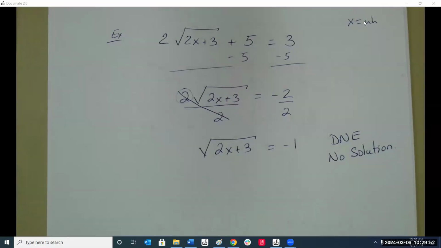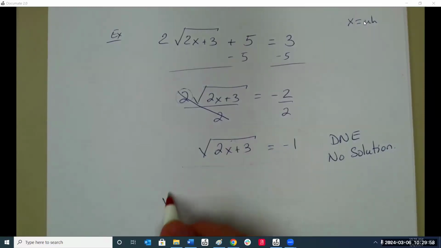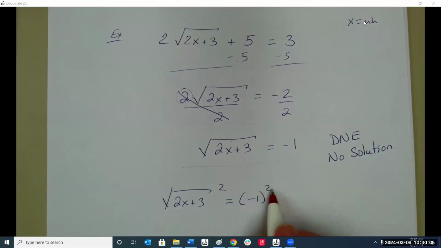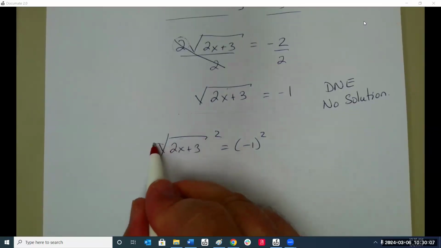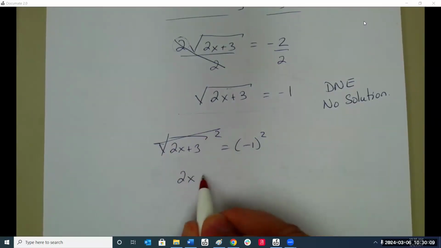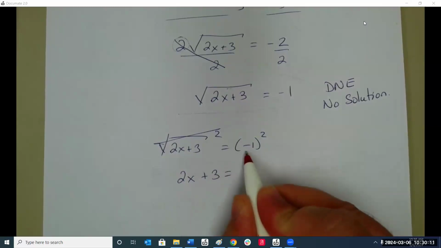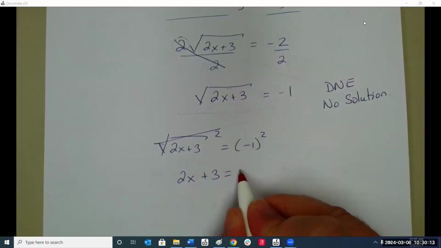I'll show you why in a second. So let's say you did square it to get rid of the radical, because this is as far as you can go. But let's say you did square it. So when you square both sides, the radical's gone. 2x plus 3. -1 squared becomes what? 1.